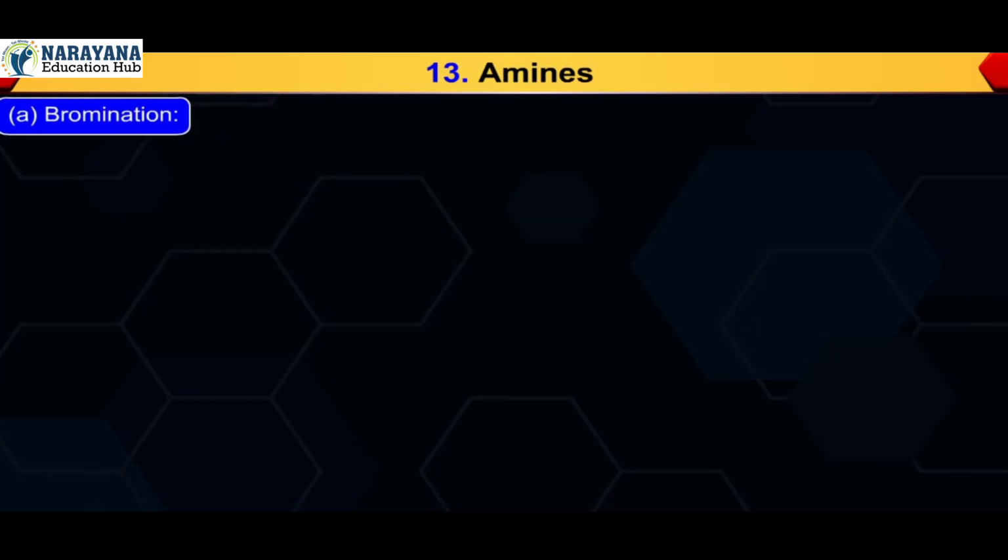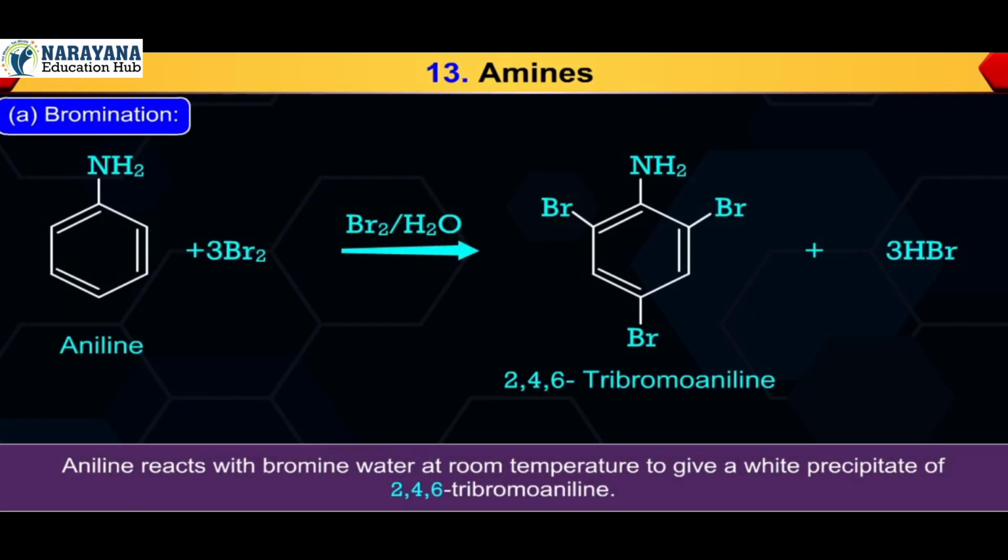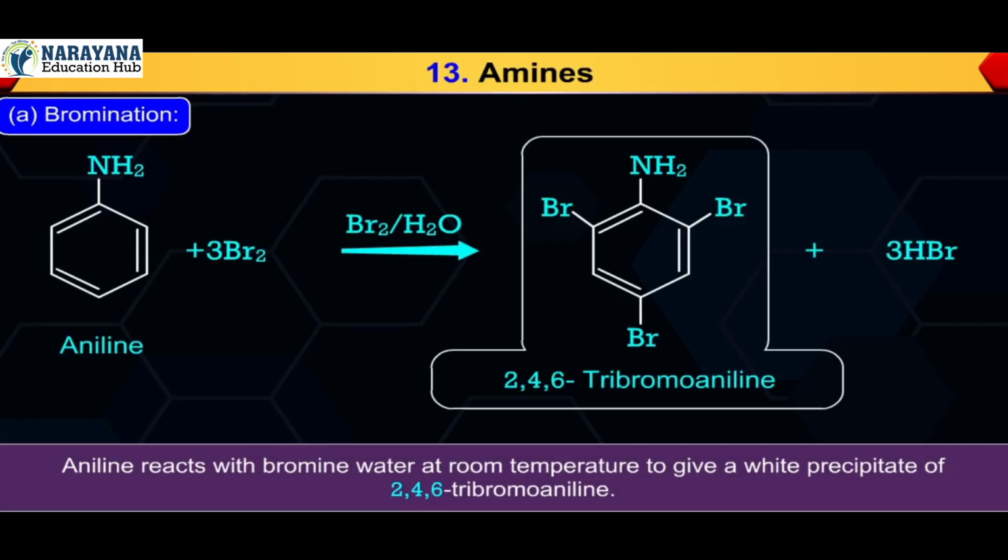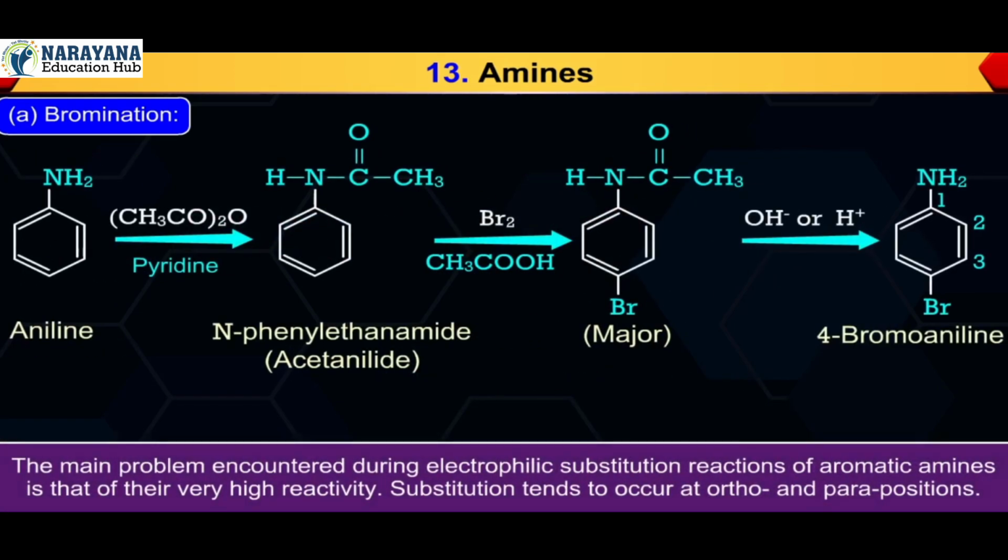A. Bromination. Aniline reacts with bromine water at room temperature to give a white precipitate of 2,4,6-tribromoaniline. The main problem encountered during electrophilic substitution reactions of aromatic amines is that of their very high reactivity. Substitution tends to occur at ortho and para positions.